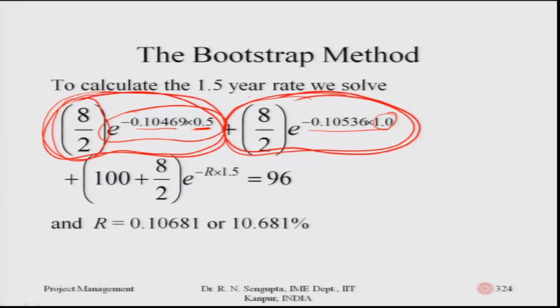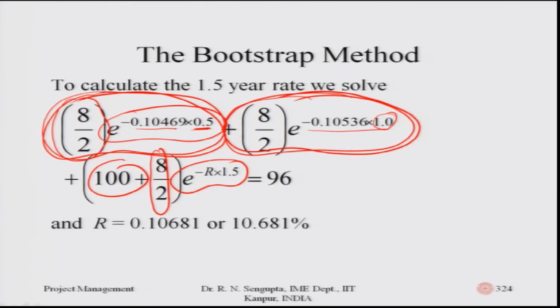So, after 1.5 years, the interest is this plus the principal amount, both being calculated based on the continuous compounding interest rate for a 1.5 year period. So, 100 is known to you, 8 by 2 is known to you.